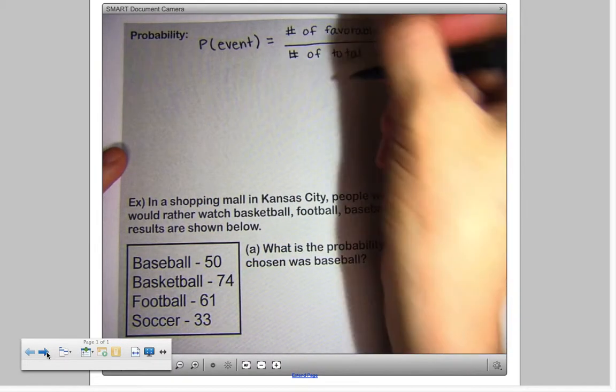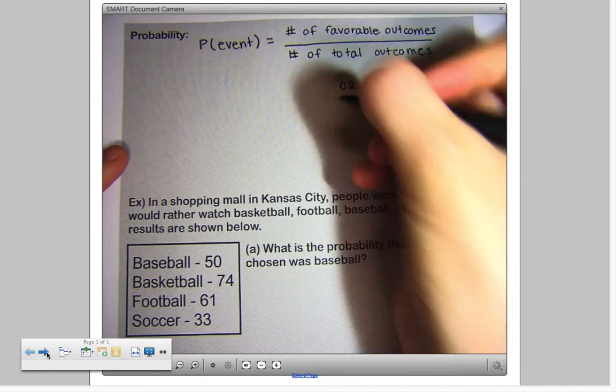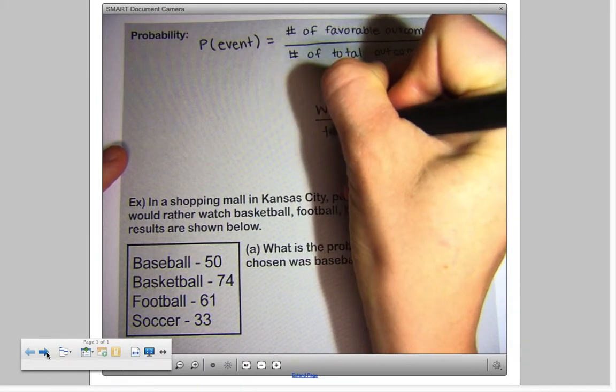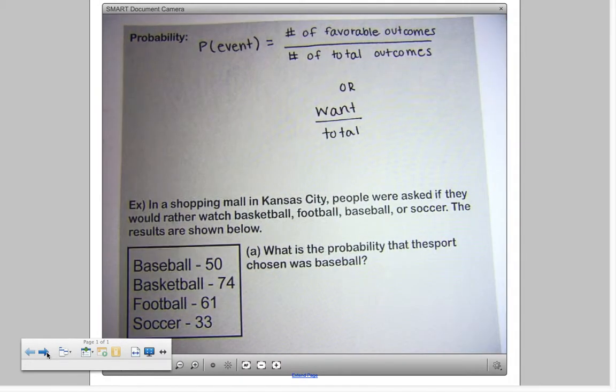Or another easier way to remember it, it's also what you want over the total amount. So the denominator is always the total for whatever problem we're working on.